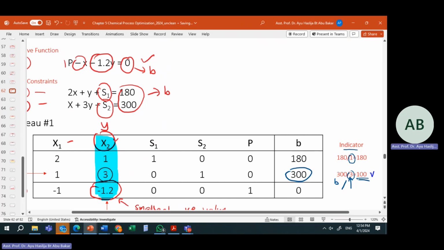This value is your pivot value because it gives you the lowest indicator.